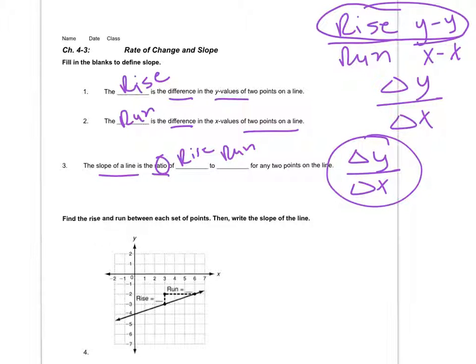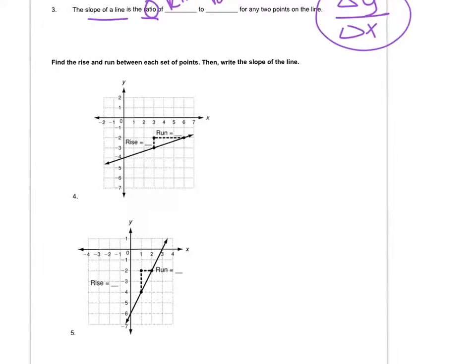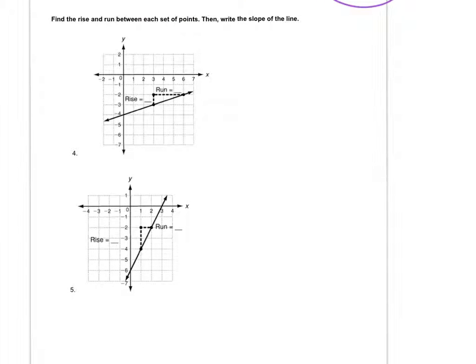Alright, so let's take a look at a graph. Let's move this up a little bit. And let's take a look at this first one. It says find the rise and run between each set of points, then write the slope. Well, as you notice, I have here rise and run. So we're starting at this point. So we've gone up 1 unit, and we've gone to the right 1, 2, 3.